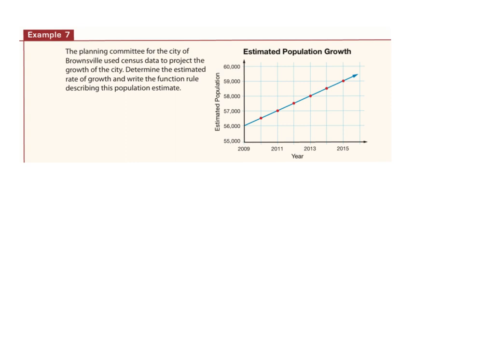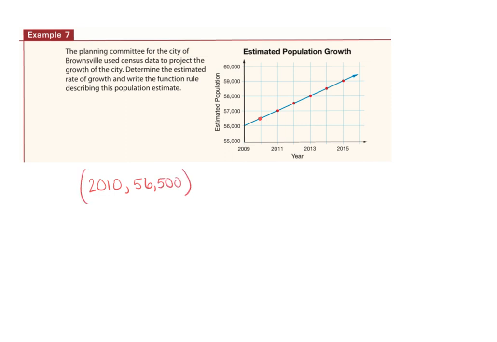So what we're going to do here is pick 2 points, this being our X and this being our Y. In this case, they chose 2010 at a population of 56,500. And so that's my first point right here. My X value is 2010. My Y value is 56,500.